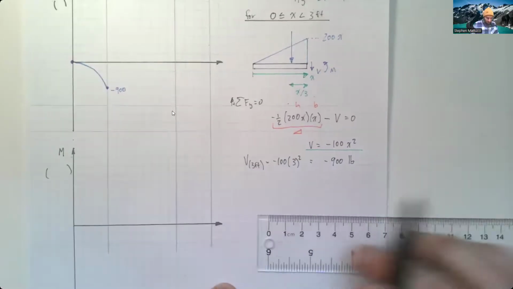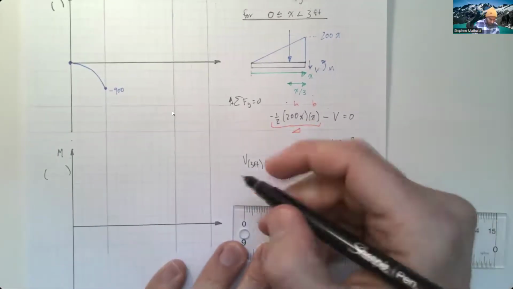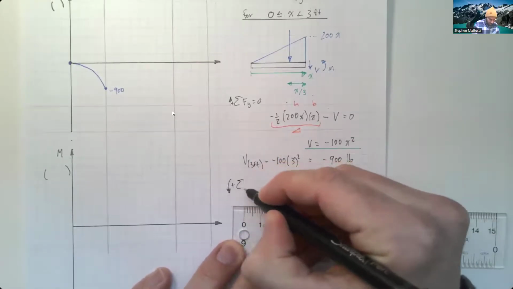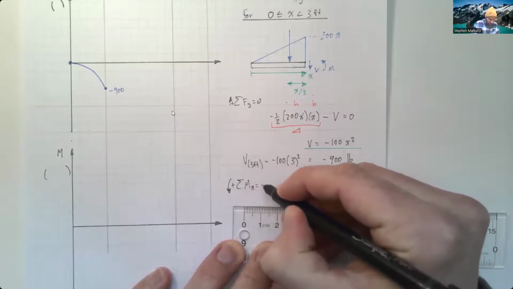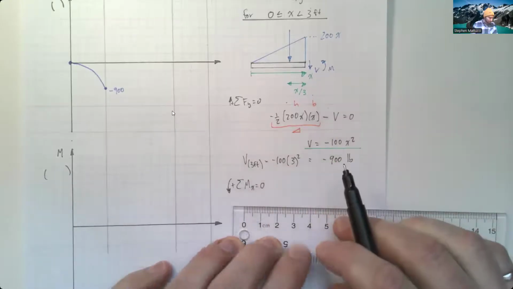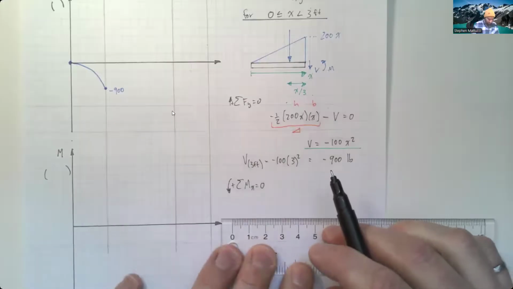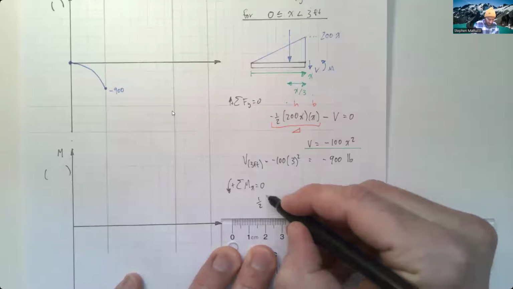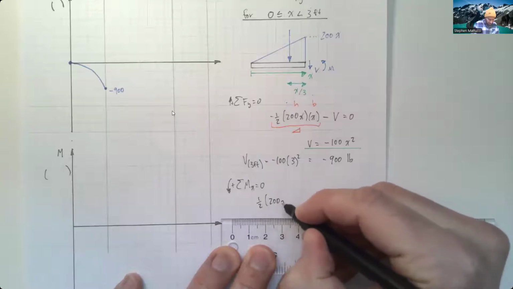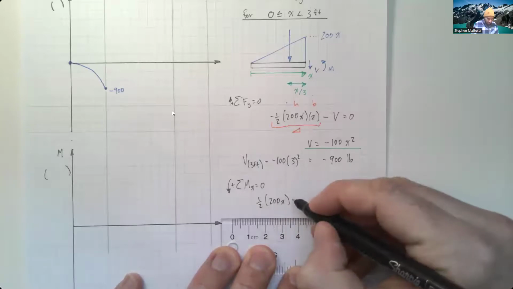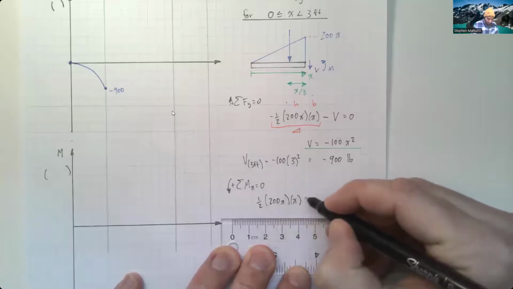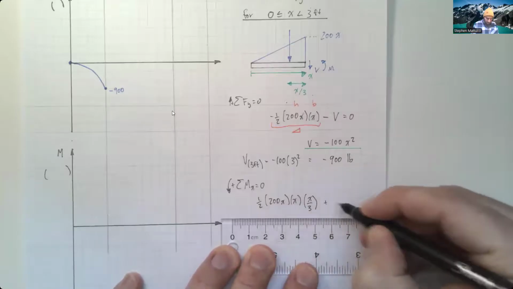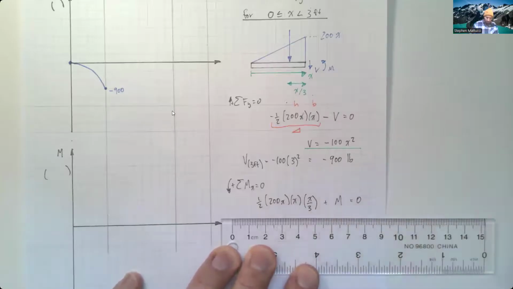So for moment, we're going to sum our moments at point X, so right at the tip of this face. We have 1/2 times 200x times x times x over 3 plus M equals 0.